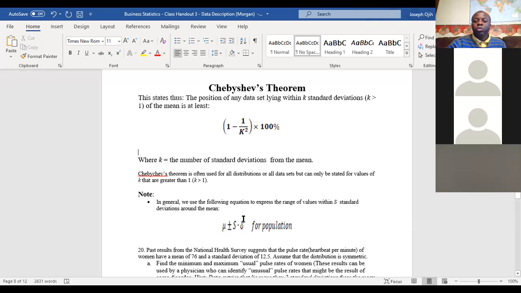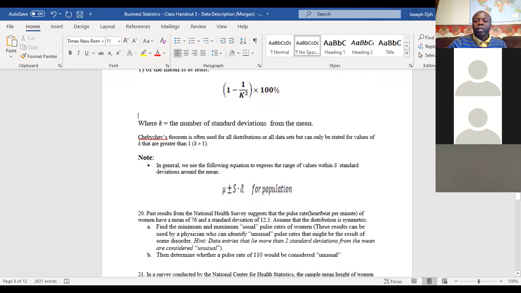In general, we use the standard deviation to express how far the data value is from the mean. So we can also use this if we don't have enough information to estimate K, or when we have a different kind of information. There's another way we can estimate K.